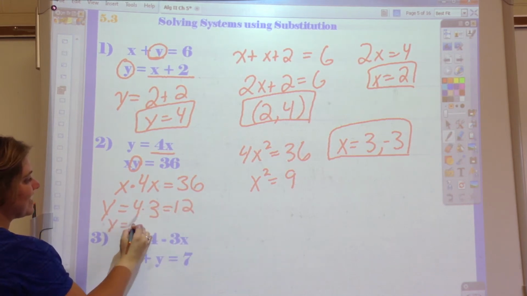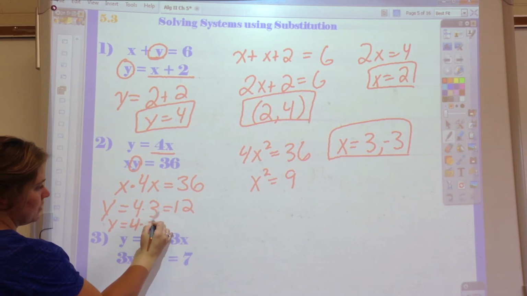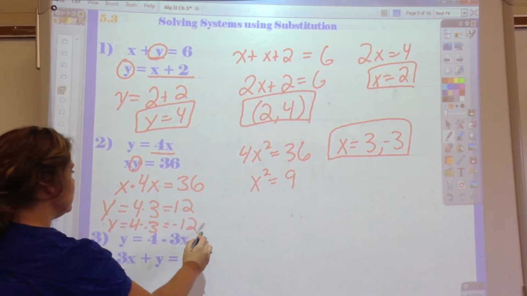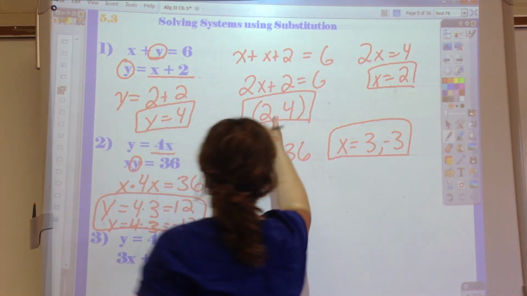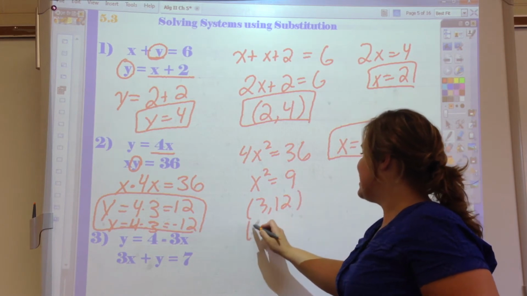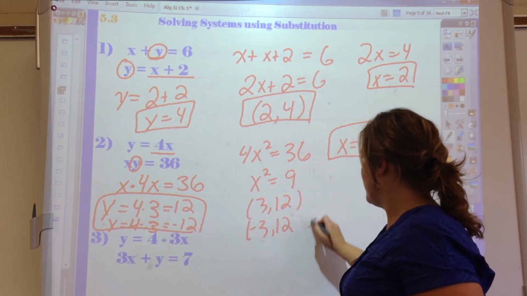And when x is a negative 3, I get negative 12. So these are my two solutions, and graphically these would be the points (3, 12) and (-3, -12).